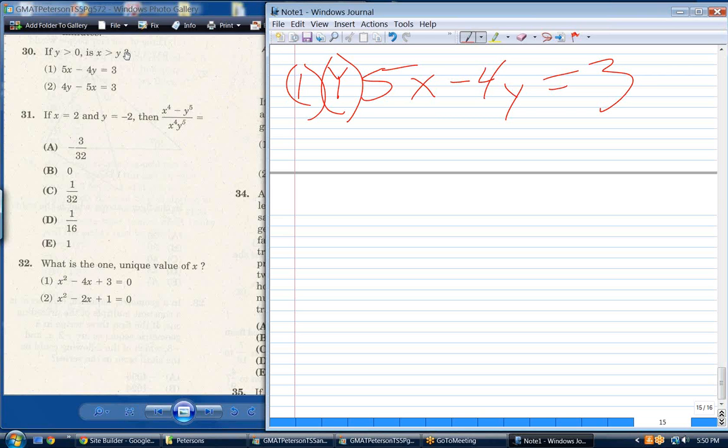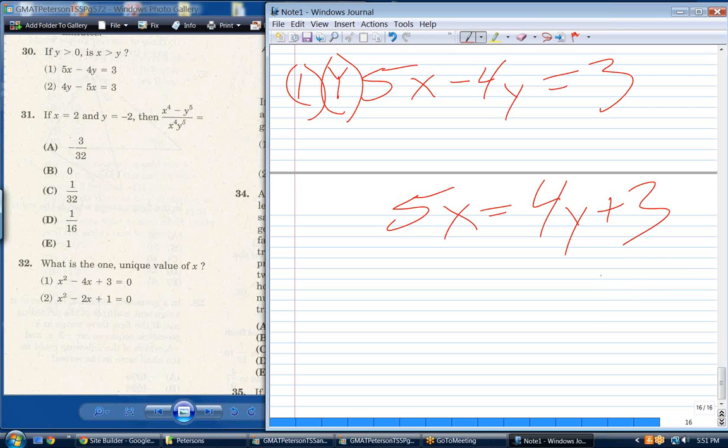Yes. Now, I'm trying to figure out why this is so hard to answer. 5x is equal to 4y plus 3. You know, I can certainly see why x has to be greater than y by picking some numbers, but I'm not sure algebraically how to prove that x has to be bigger than y.